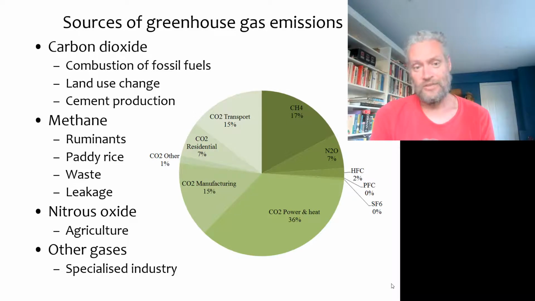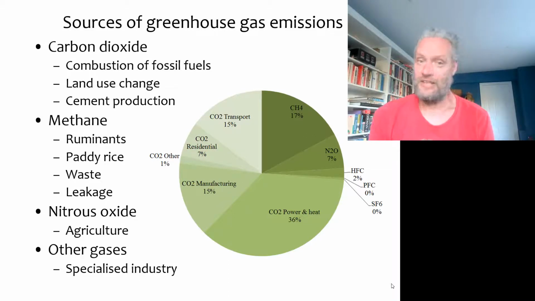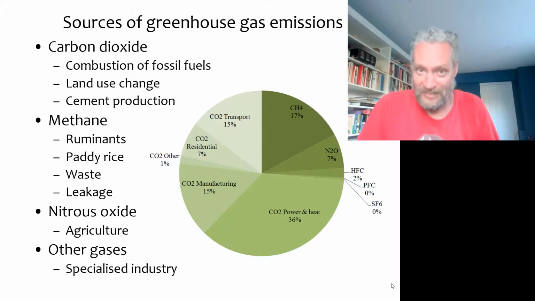The final source of methane, a significant source of methane, is leakage. Methane is CH4, and that is what we call it if it's a nuisance, if we don't want it. If we have CH4 that we do like, then we call it natural gas. Chemically, the two are just identical.